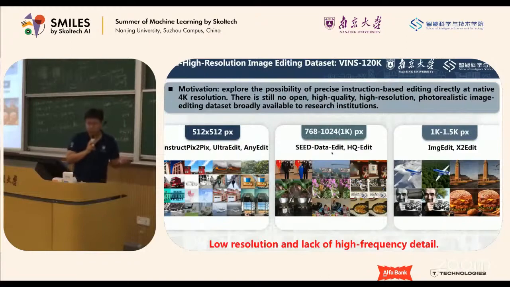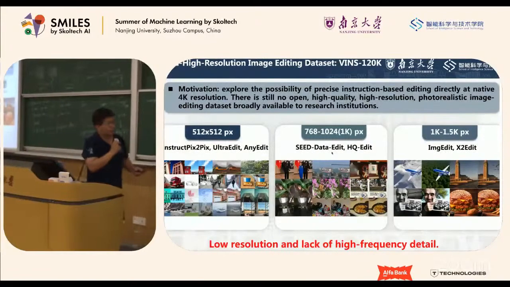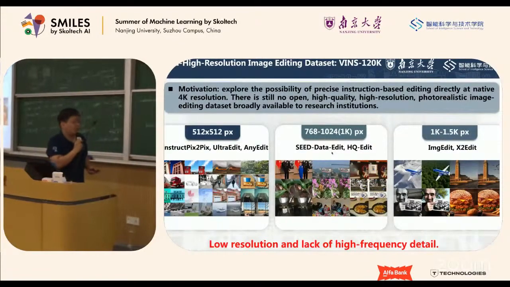Most range from 512 pixels to approximately 1.5K pixels, and they are useful for learning semantic editing, but they are insufficient for supervising native 4K textures, text, and material details, because the previous datasets are low resolution and lack high frequency details.